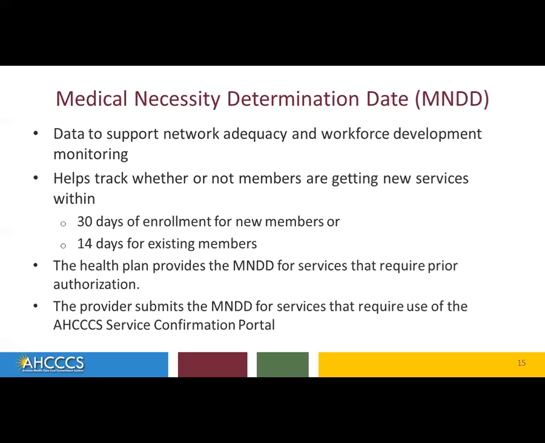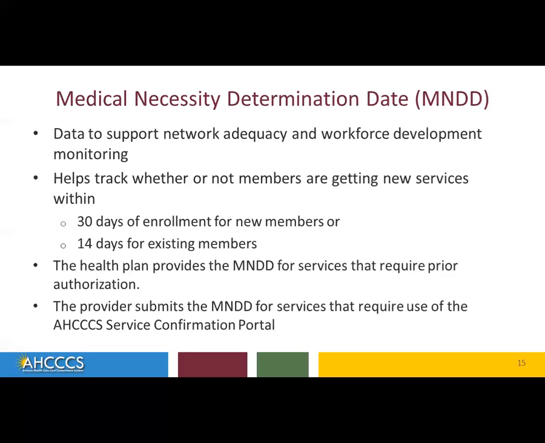These are key points to helping us measure access to care for members. With this data element, we'll be able to track at the Access level and at the health plan level whether or not members are getting services within a reasonable amount of time.